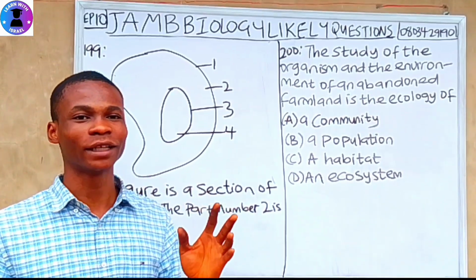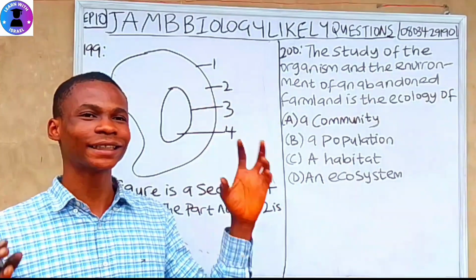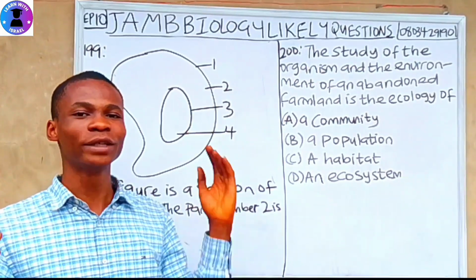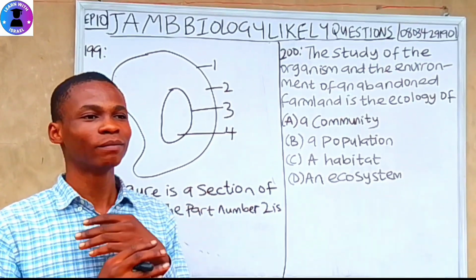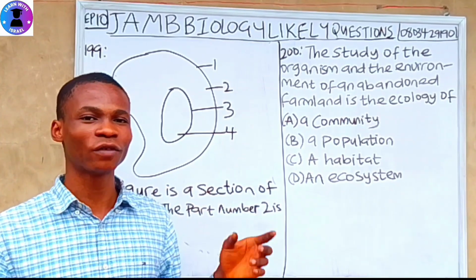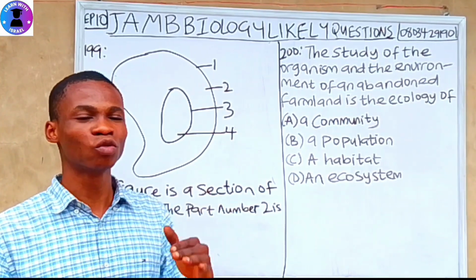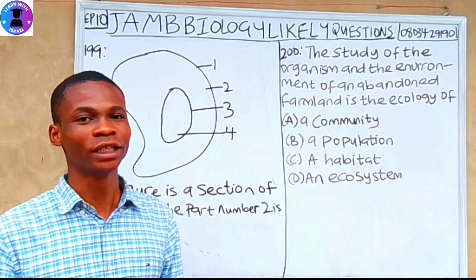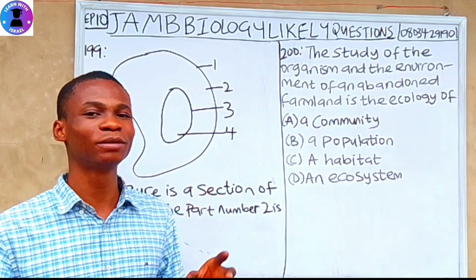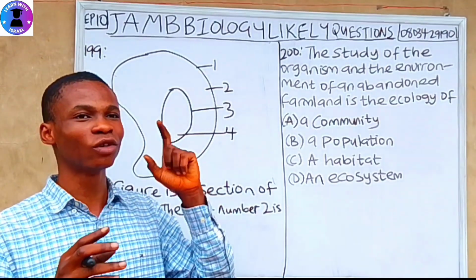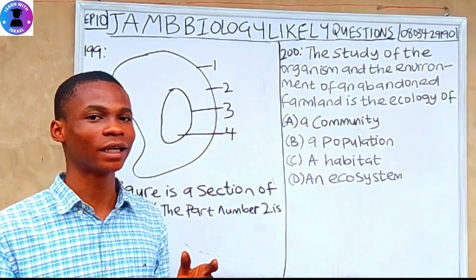Do you know why it's important? Because JAMB always asks questions on diagrams, which makes many students offering biology in their exam have low marks in biology. It's not that they ignore it. The reason is because they do not learn more on diagrams.